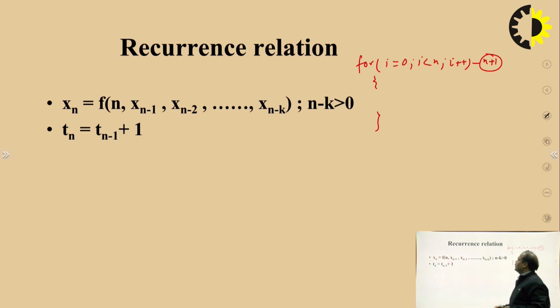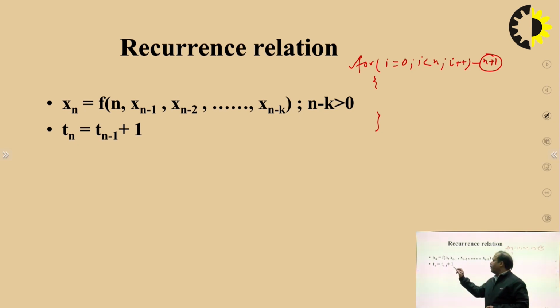But what about a program which involves recursion? We can't find the running time of such a program using loops and other methods. So we have to solve the recurrence relation.